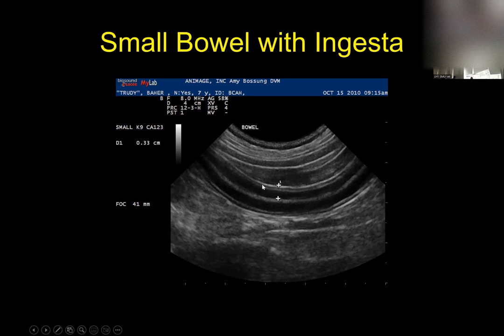And inside that, right here, you will have another less defined hyperechoic thin layer. And then inside of that, you have a thick black layer. That's the submucosal layer of the bowel. That's where a lot of the glands and the crypt cells of the bowel live.